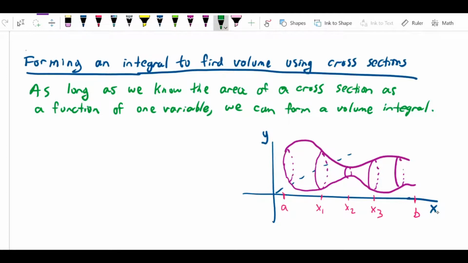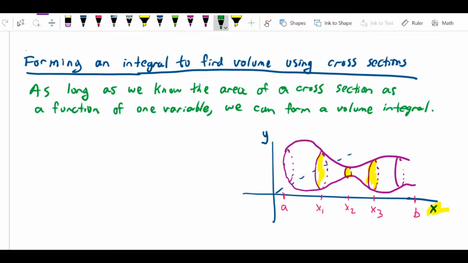If I'm proceeding in the x direction and I take a knife and slice this solid, I can't say that there's one cross-sectional area. As we can see, here's a very tiny area, here's a somewhat bigger area, here's an even bigger area. What the cross-sectional area is depends on how far along the x-axis we are. But it turns out that that's perfectly fine, and I'll show you why.